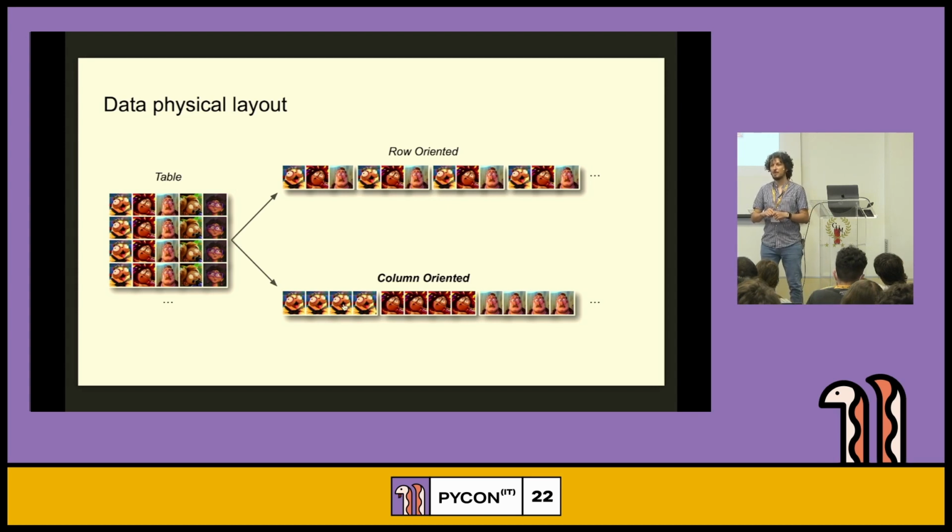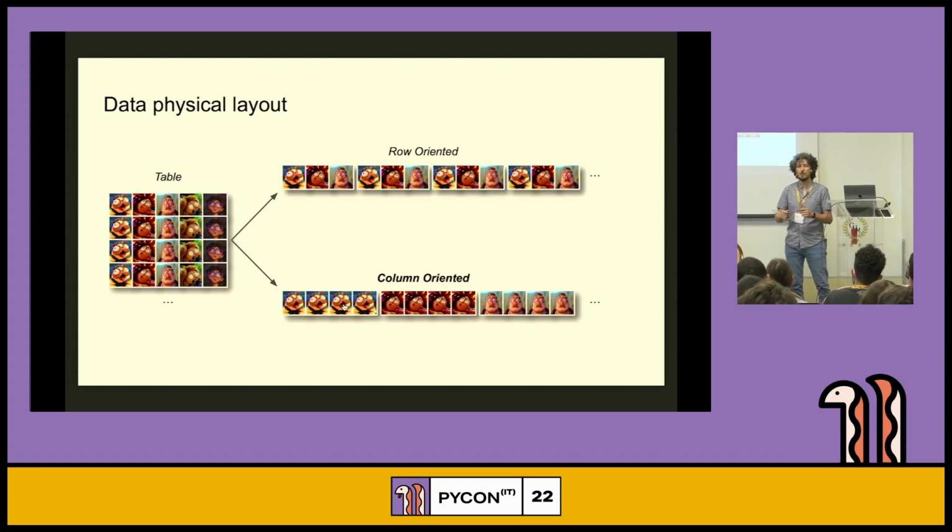Right. So if you have many time series, maybe you want to just pick one and skip the others. So if you have a column layout, you can skip all the others. So you reduce I/O. It can be I/O to the disk or I/O to the network. And third, right.